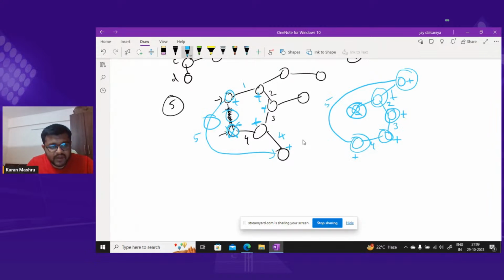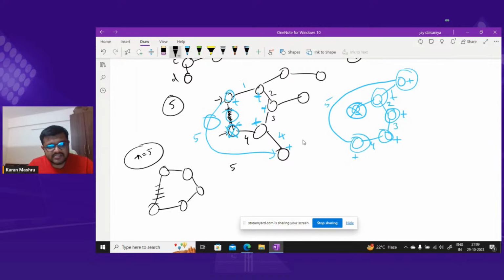So for example, if my n is 5, and all the nodes are a part of this cycle, so if this is my cycle, suppose I remove this edge, okay, original cycle size was 5. Now I need to add a new edge. Suppose I add it between this and this, it will result in a cycle of 4.